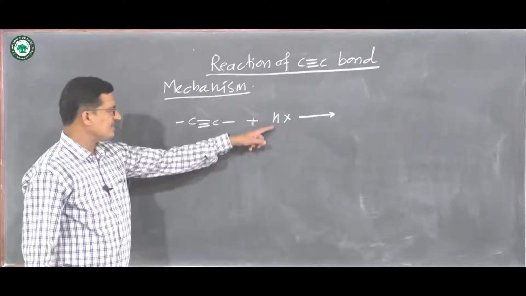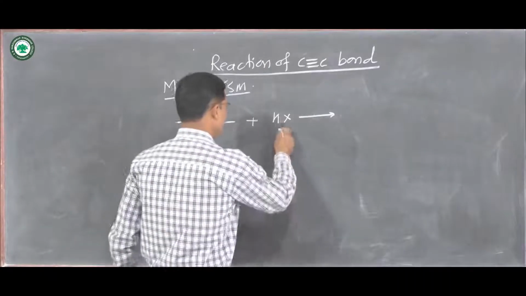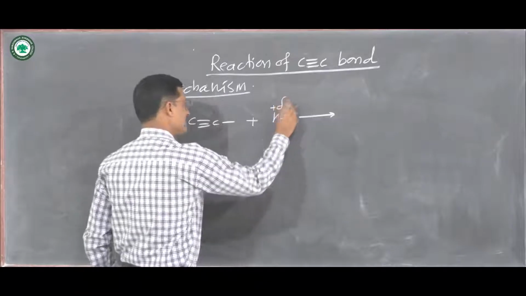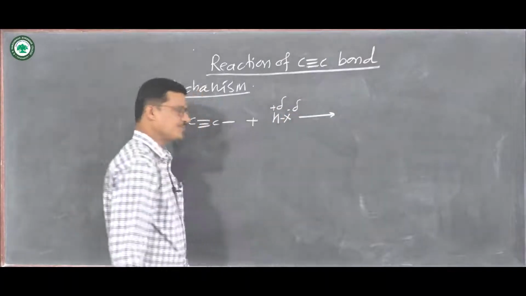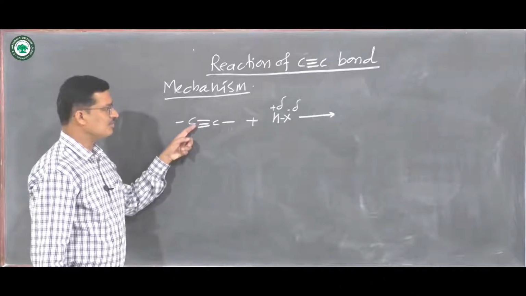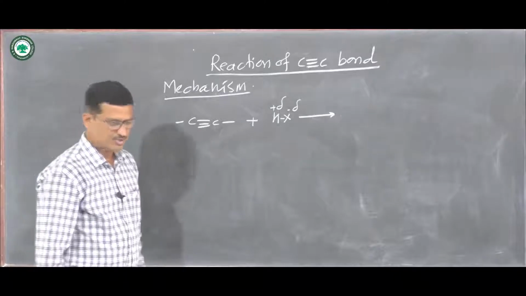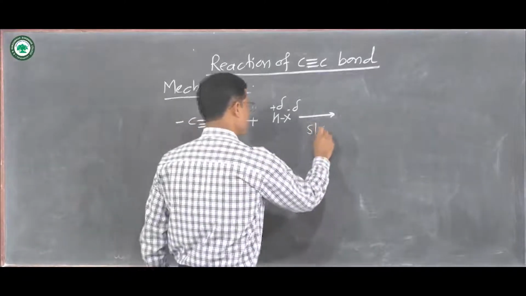So suppose this HX is added to the carbon-carbon triple bond, then what happens? We know this hydrogen having the delta positive, chlorine having the delta negative charge, and the first electrophile is added to the carbon-carbon triple bond and this step is a slow step.